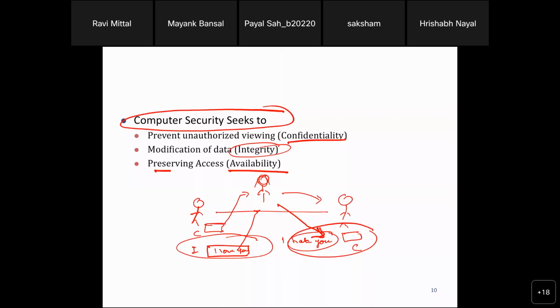It means preserving access: the system or whatever entity that's giving service should remain available. If you want to access a server, the server should remain available. So we are preserving access. These are the three important things that we will focus on in this course.